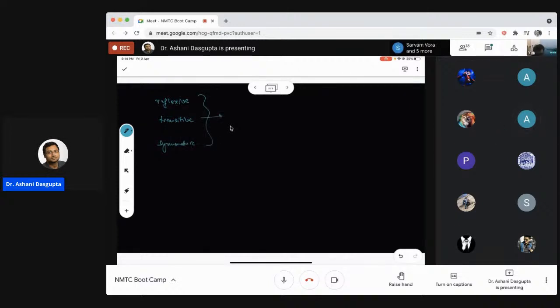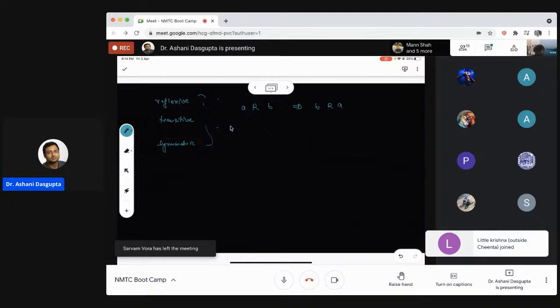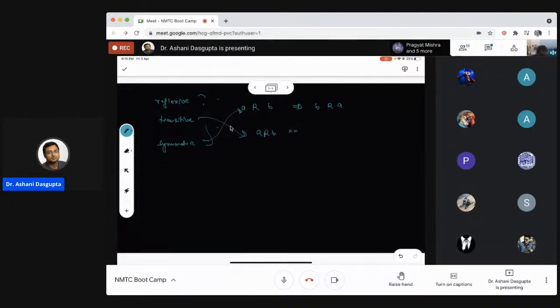So what does that mean? It means that if A is related to B, then B is related to A. That's what symmetric is. Transitive means if A is related to B and B is related to C, then A is related to C. And everything is related to itself.